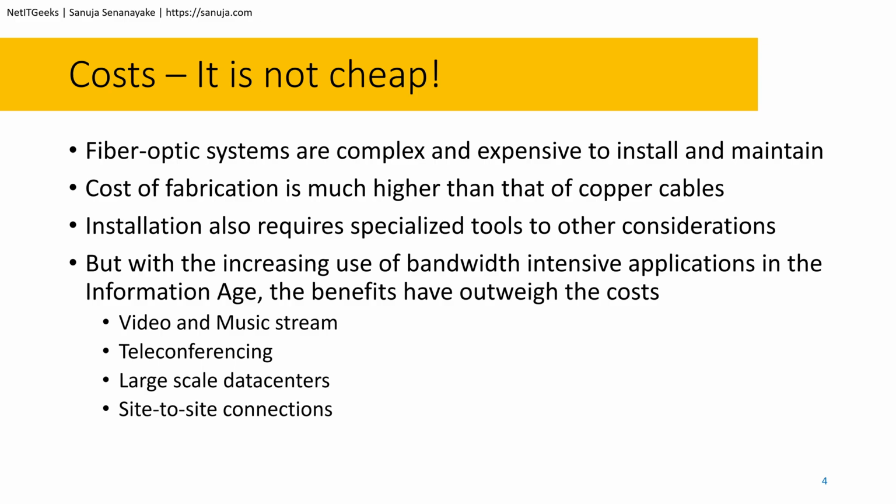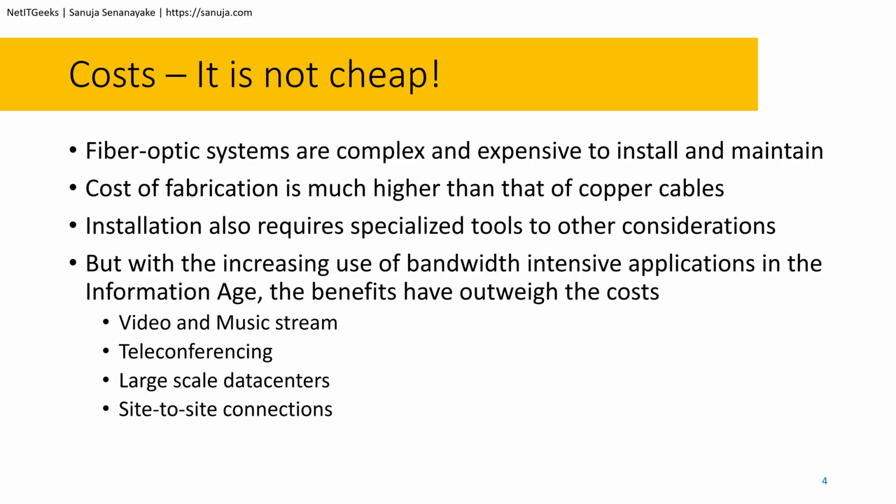So you need to understand that the reason we use these cables is the quality of data transmission, not because the cost is cheap, at least not the initial infrastructure cost, which as a structured cabling engineer you're going to have to take into account. Fiber optic systems are therefore complex, expensive to install and maintain.